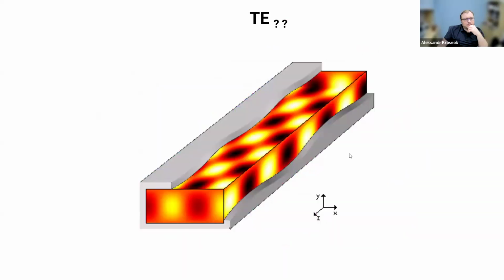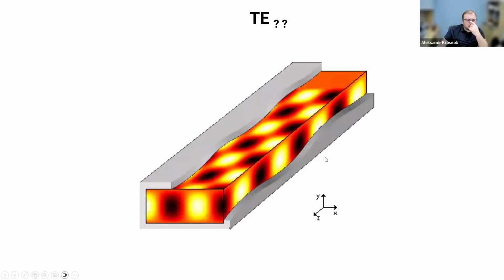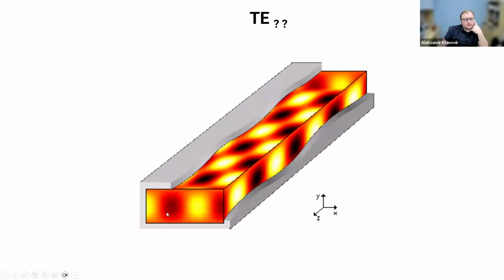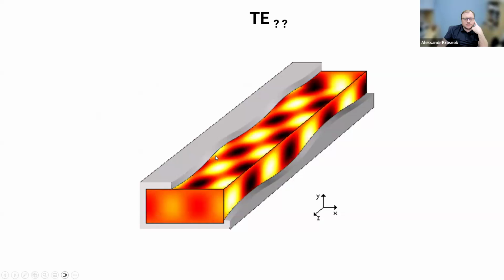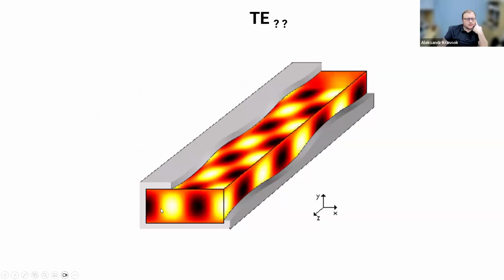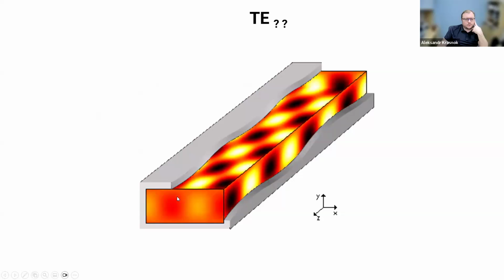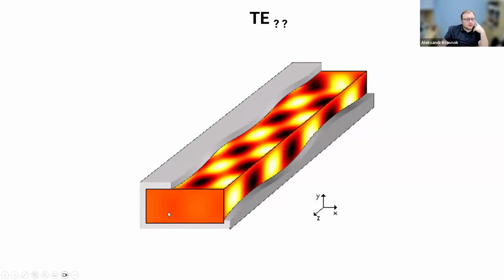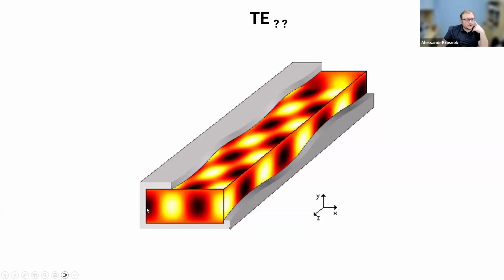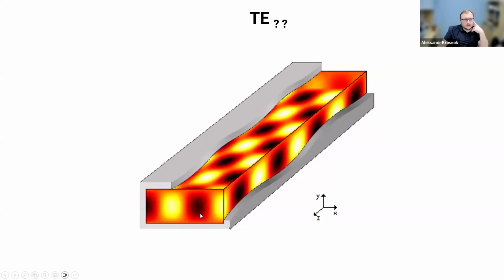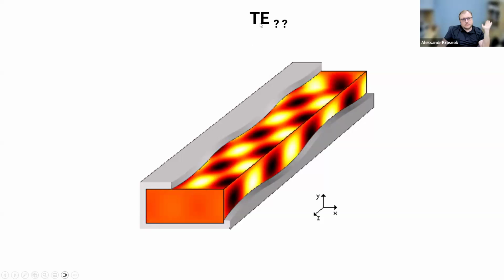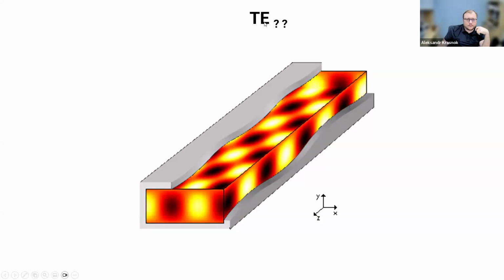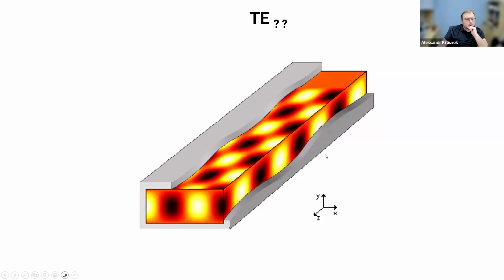So for example, can you define the type of this waveguiding mode? Along y, how many changes? It's one total change, right? So y is supposed to be 1 here, and in the x direction it is 1, 2, and 3. So this mode is TE31.